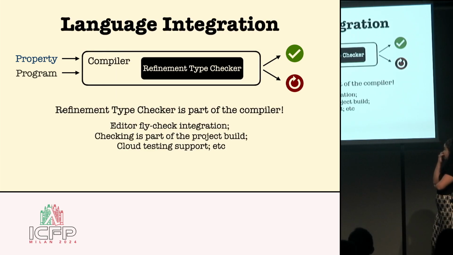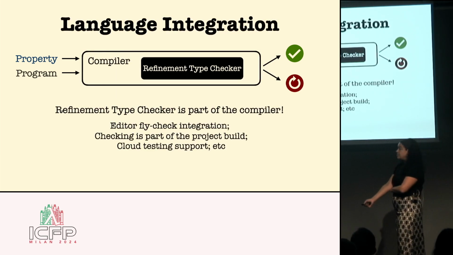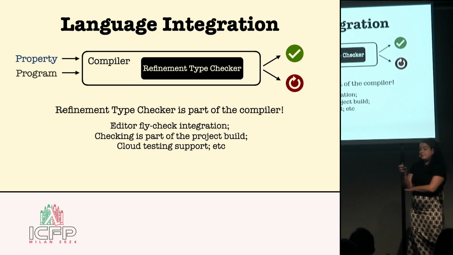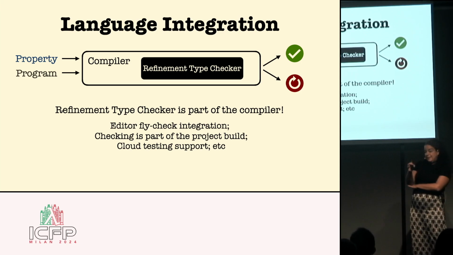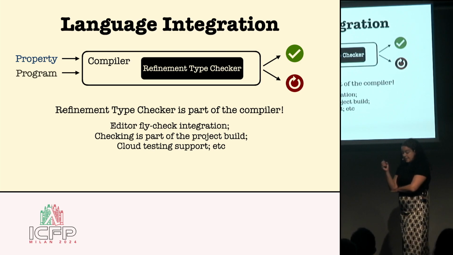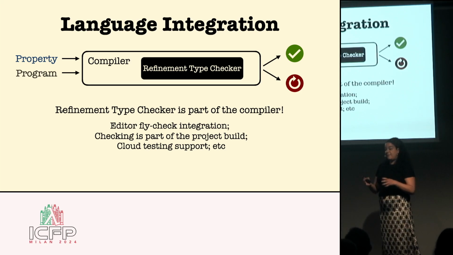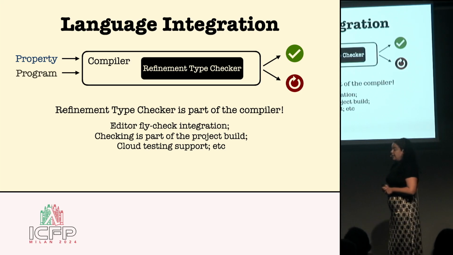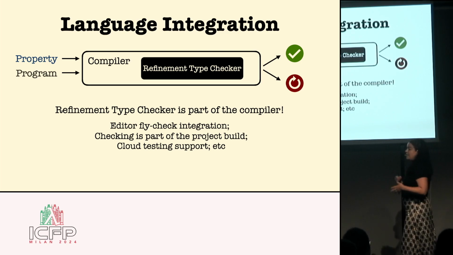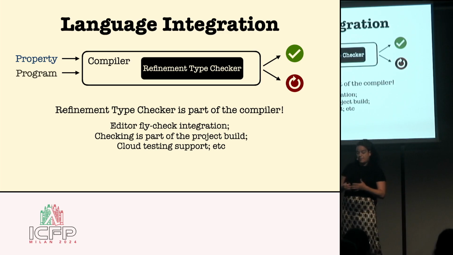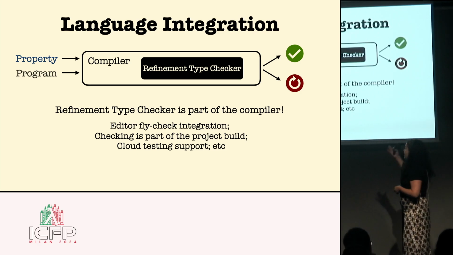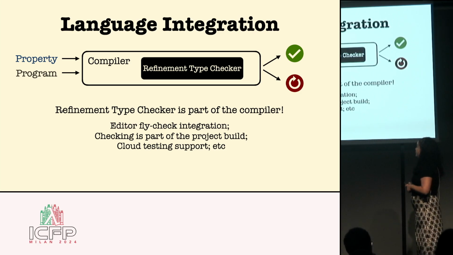We saw that Liquid Haskell is a GHC plugin now, which means that it is a part of the compiler. It's essentially called by the compiler. And this is important because if a verifier is part of the compiler, it can have all the nice build tools that the compiler has. So you can run them as part of your project build.